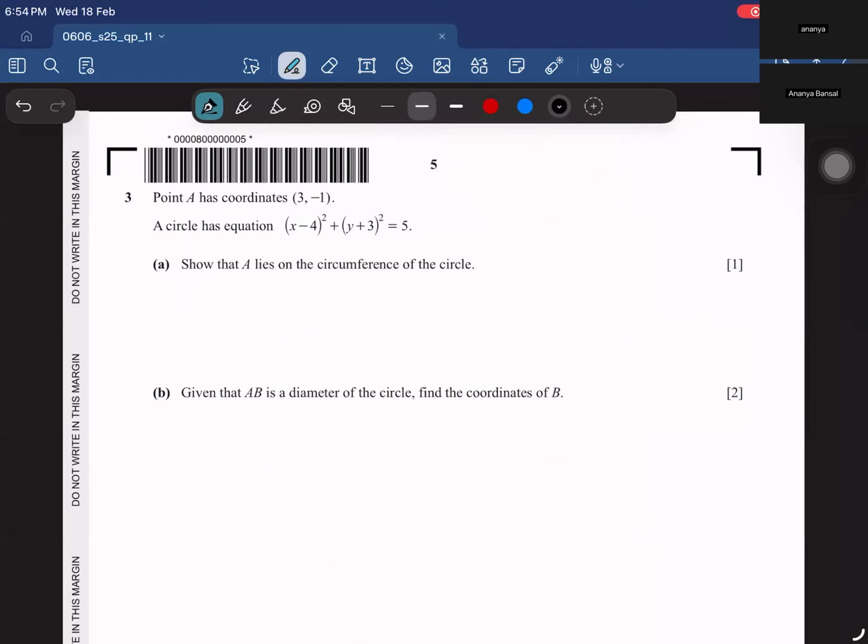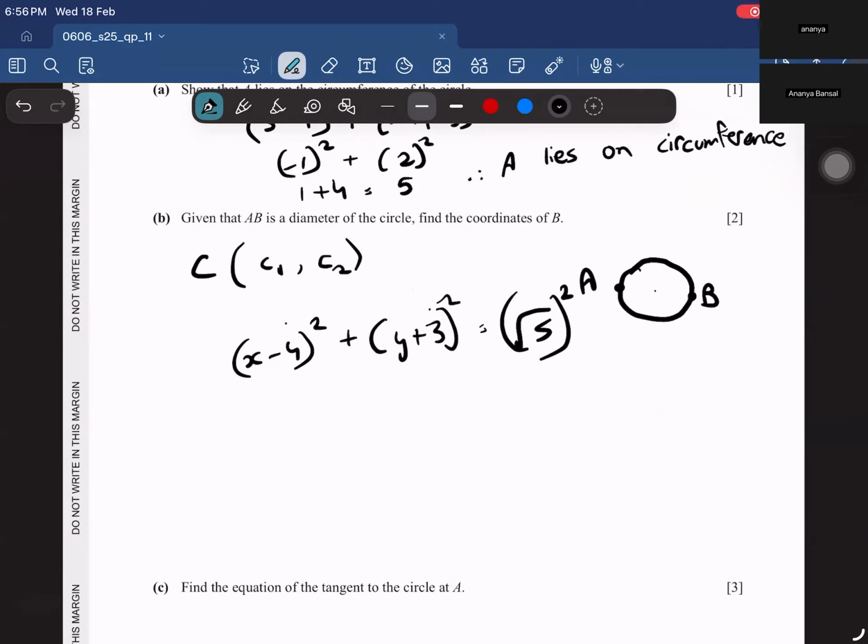You know that the center of a circle is simply this and this number, because the original equation of a circle is (x minus h) squared plus (y minus k) squared equals r squared, where r is the radius.